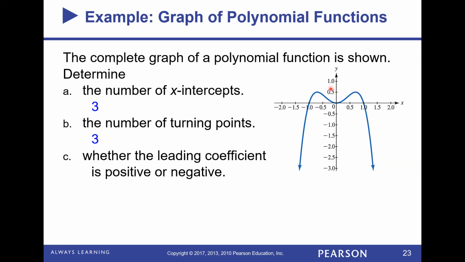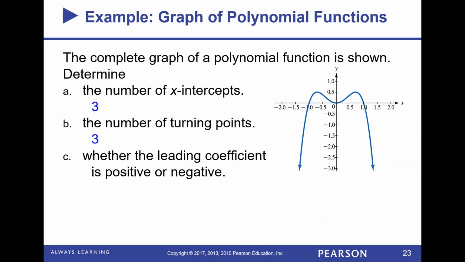Remind yourself that when we did this one, we also did this with our degree, whether it was even or odd. If you look right here and here, we can see that we've got even, and so they're going together. So it's an even degree, but it's a sad looking graph because both ends are pointing down. I would say that it's negative.